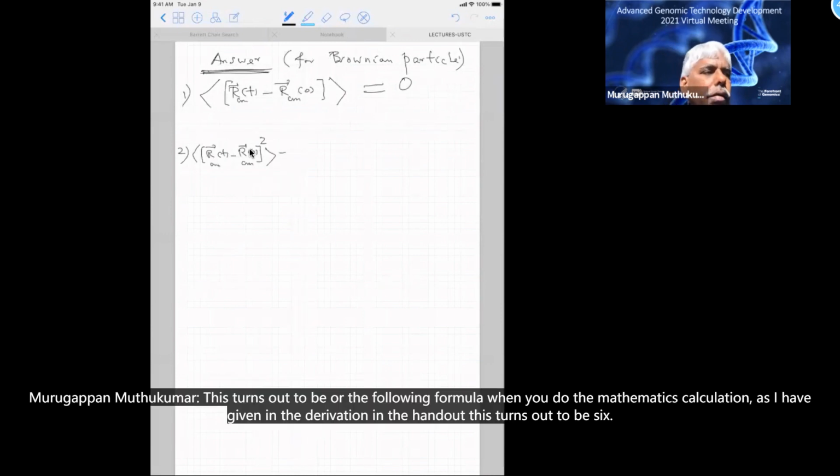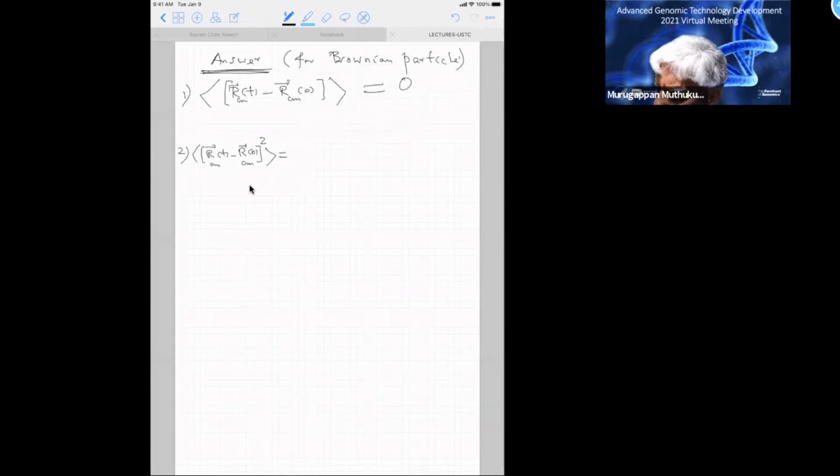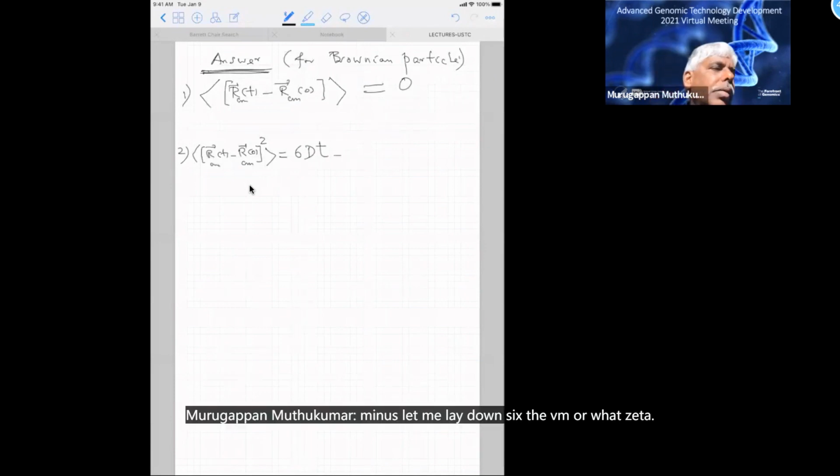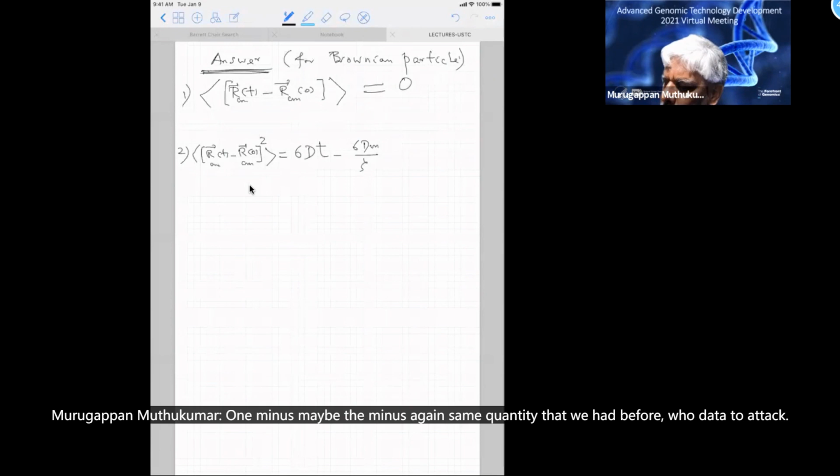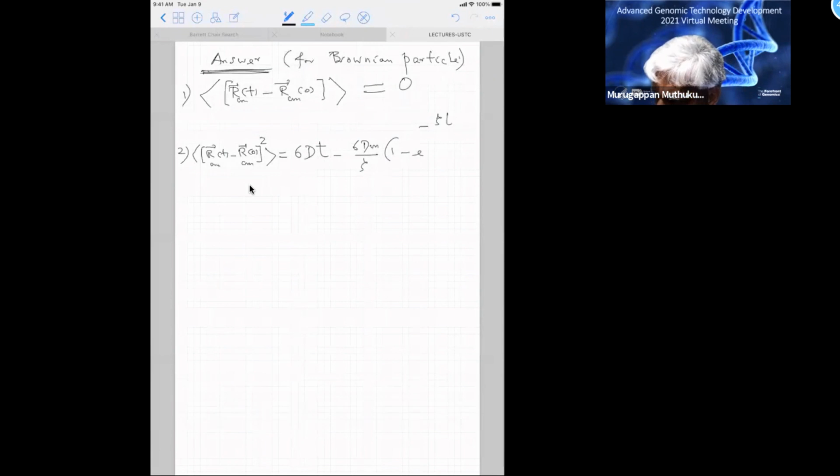This turns out to be the following formula. When you do the mathematical calculation, as I have given in the derivation in the handout, this turns out to be 6 dt minus 6 dm over zeta times 1 minus e to the minus zeta t over m, the same quantity that we had before.